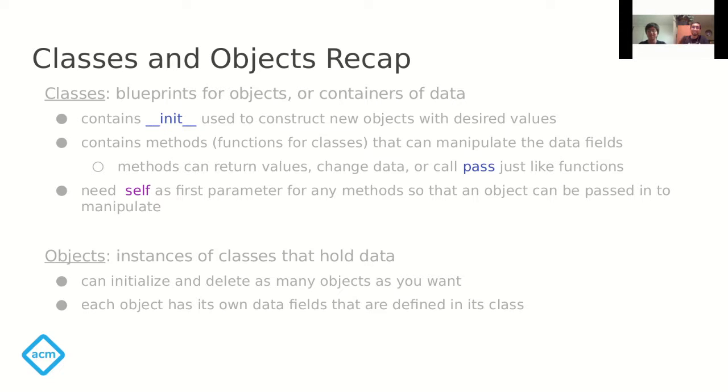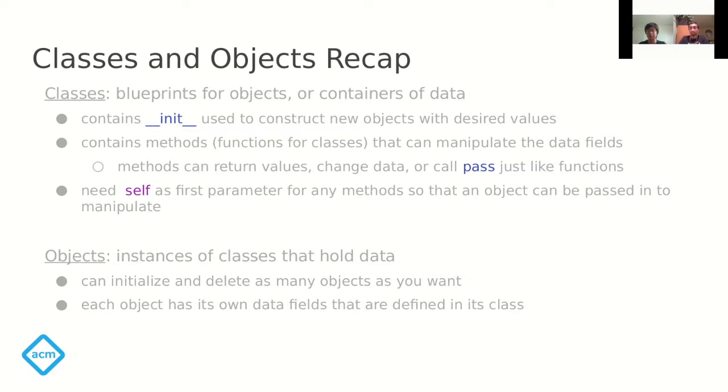And okay, so classes also have methods, right? So again, it's called methods and not functions because it's an object-oriented programming paradigm, right? So this is how you manipulate data fields in the object. And they can have return values or they don't need to have return at all, or you can just call pass, like Henry mentioned in functions before.